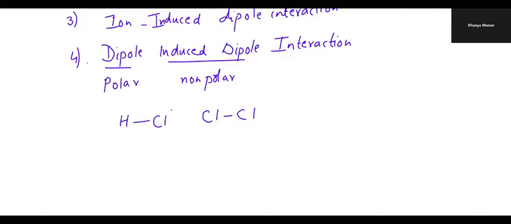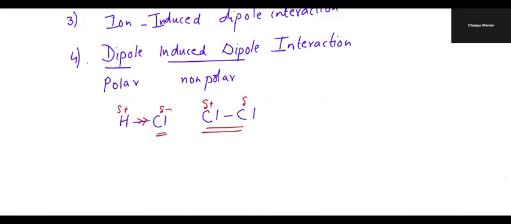molecule, okay? And hydrogen chloride is polar, so chloride, there is a negative charge. Hydrogen, there's a slight positive charge. Now, under the influence of this polar molecule, this non-polar is getting polar, okay, just temporarily, and this develops a slight positive charge and this develops a slight negative charge.